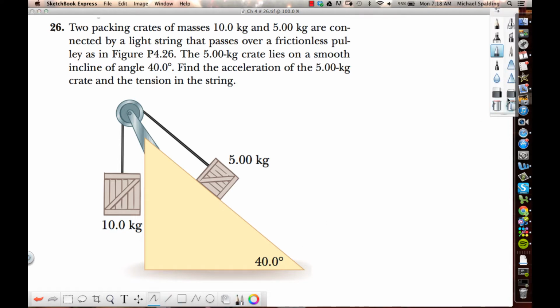All right, so I'm going to do the free body diagram right on here. I'm just going to erase this rope so we can put our vectors on. The rope's still there, but I'm taking it off so we can show the forces. So this guy's the 5, this guy's the 10.